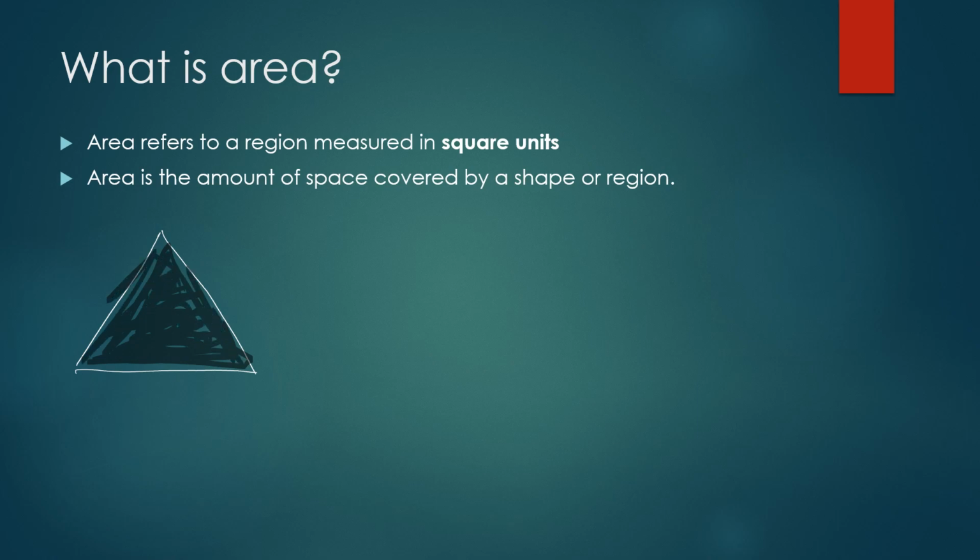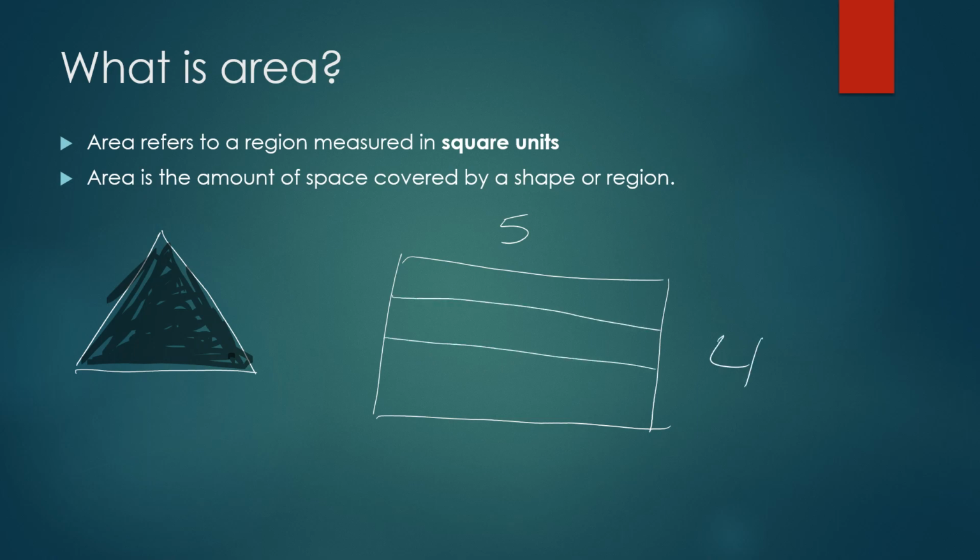To make things consistent, we tend to measure things in square units. If we were to take a rectangle and say that we have 5 and 4, then what I could do is break up the structure so that we have 5 units along the top, 1, 2, 3, 4, 5, and 4 units on the side, 1, 2, 3, 4.